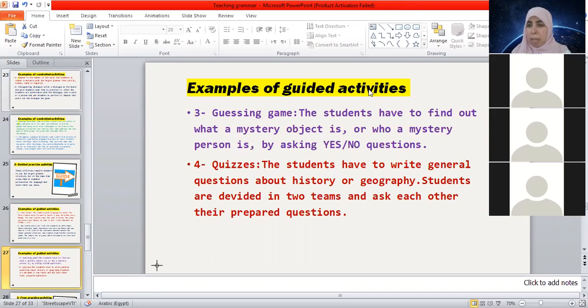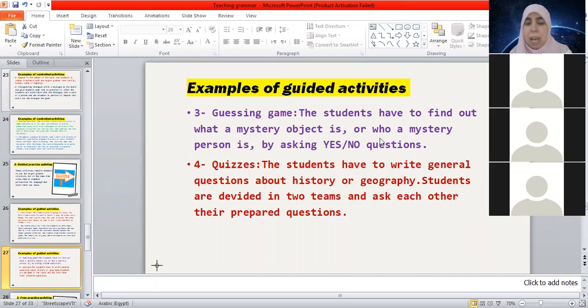To show a picture, but your students can't see it, and ask them to ask yes, no questions to guess what the object is. So did you use this activity before in your classroom? Yes or no? Yes, I use it, but in simple ways.